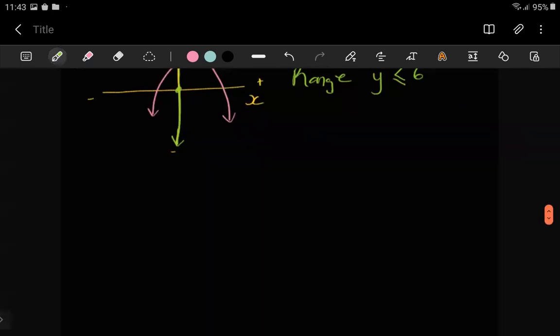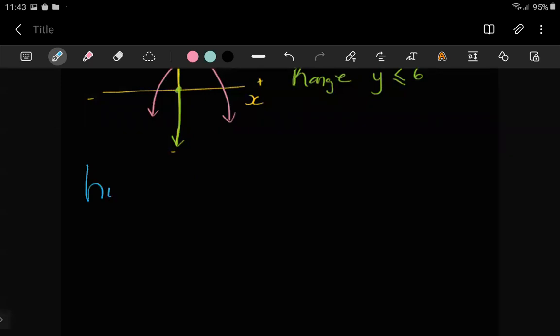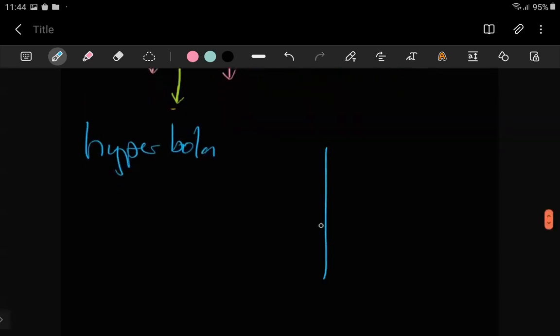With our hyperbola, it's usually easier to determine domain and range. Asymptote.